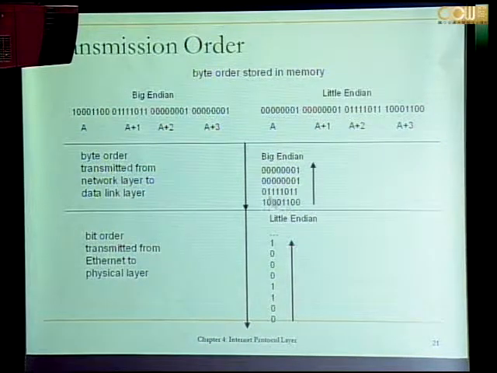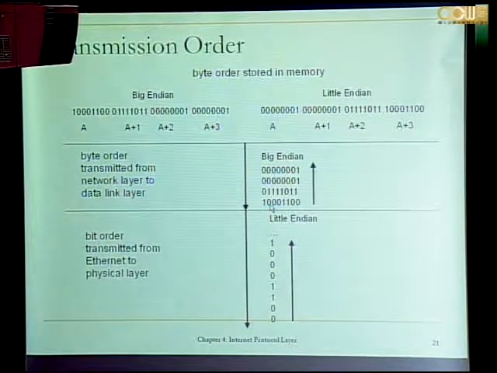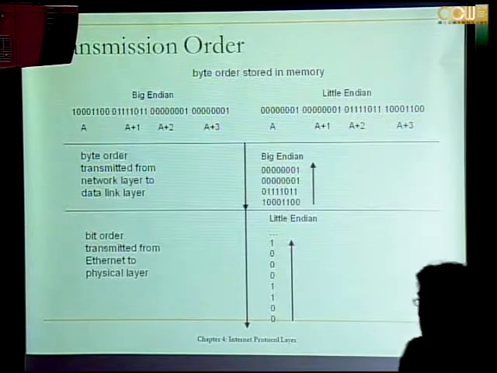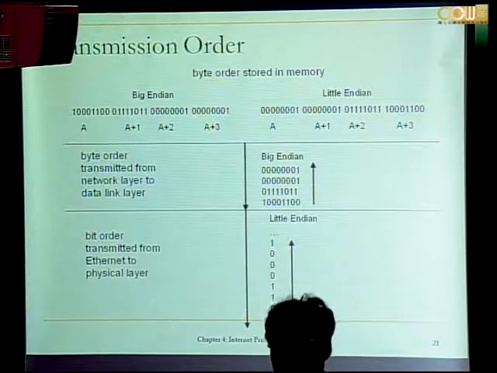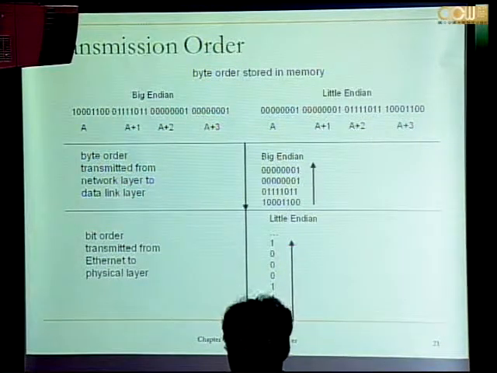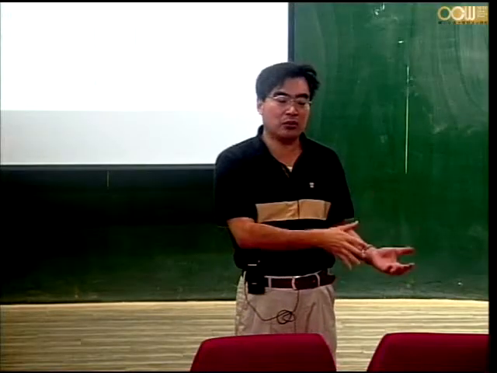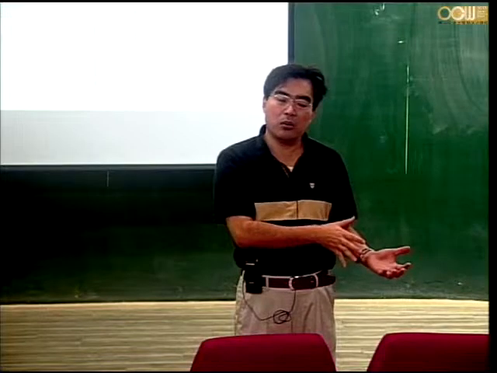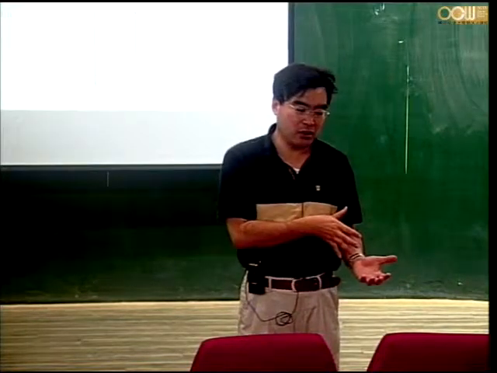So you pass this one, and then this one, and then this, and then this. You pass the high order byte first through the link layer from the IP layer, the network layer. IP is big endian. So from the IP layer passing through Ethernet or wireless LAN, it passes the high order byte first. Okay.